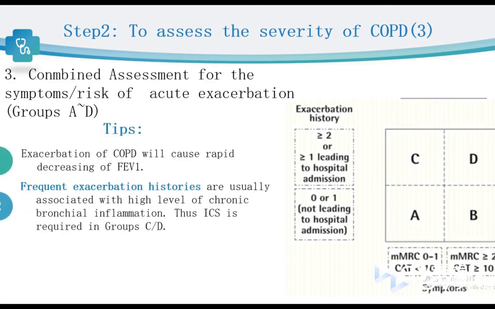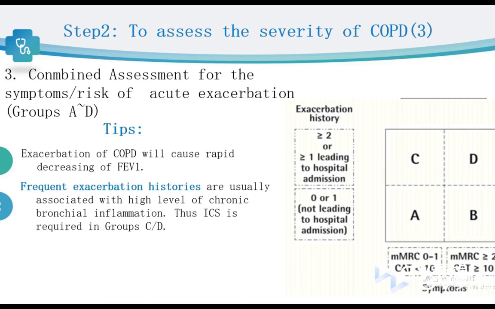There are some tips for you to understand this assessment. First one, exacerbation of COPD will cause rapid decrease of FEV1. So, we can find that controlling the number of exacerbations is the most important goal for us in the treatment. Another tip is that frequent exacerbation histories are usually associated with a high level of chronic bronchial inflammation.